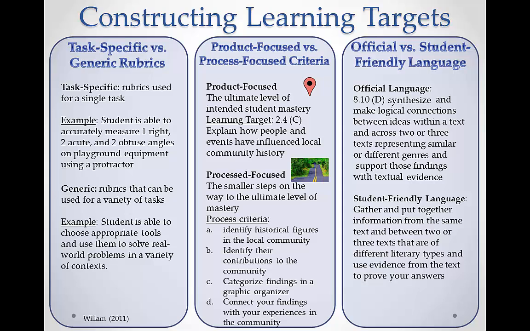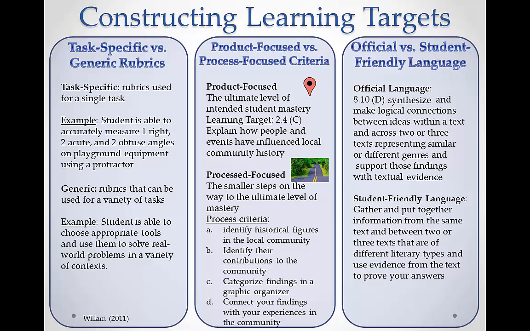Finally, we have whether learning targets should be worded in official or student-friendly language. This will largely depend on the developmental level of your students and how important it is for your students to spend time with the language to arrive at a comfortable grasp of academic language.